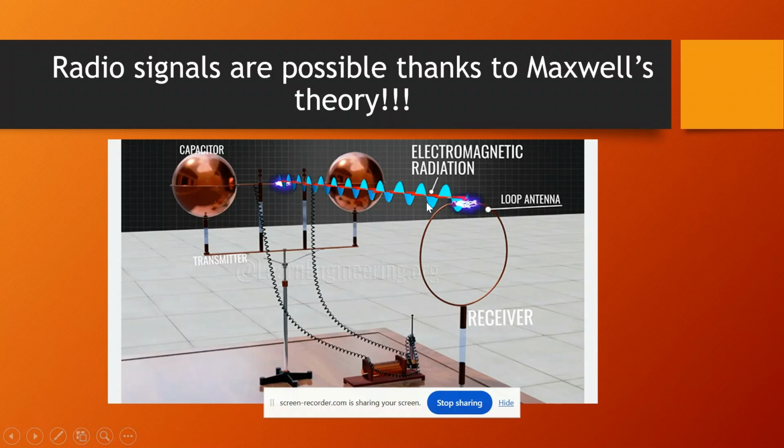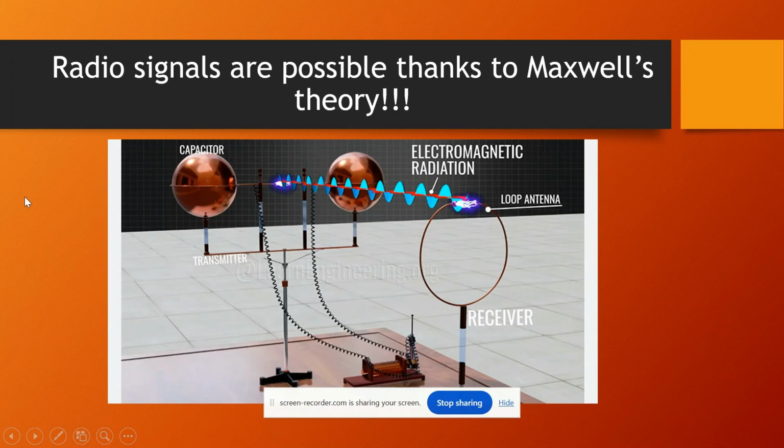Then, of course, we can catch the signal, and this is a tremendous application of the radio waves, basically, and this is a manifestation of a phenomenon which is deeper.